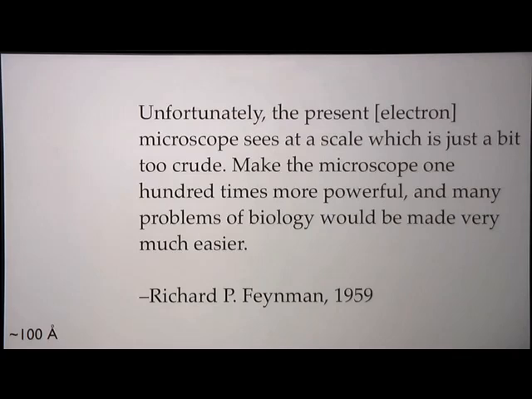Feynman said that if we just make these electron microscopes 100 times better, the biology would become much easier. And he said this in 1959, and Tony gave a lot of the history of pushing it from 100 angstroms down to an angstrom, and I would say we're getting close. So this is a pretty exciting time. And that's it.